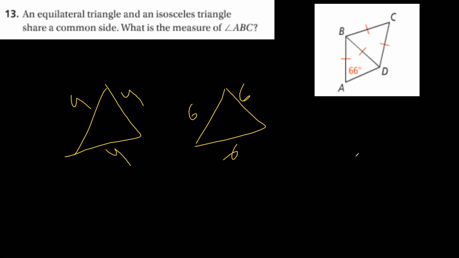But if you know the length of any side, you can know the length of the other sides. But here, all of the angles are 60, whether the sides are 4 or 6. The angles are fixed.